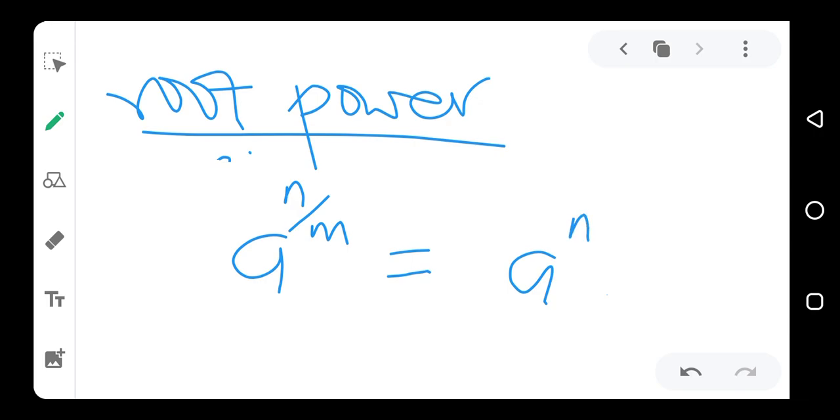Then we find roots of this value, root of it. Then whatever that is down, which is the denominator, we write it at the back of the roots.